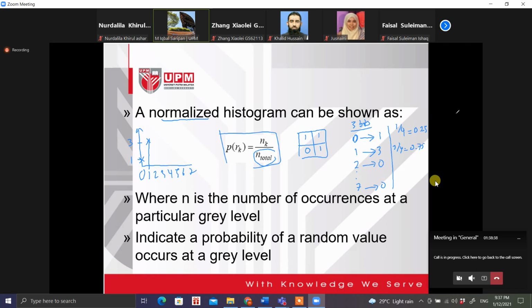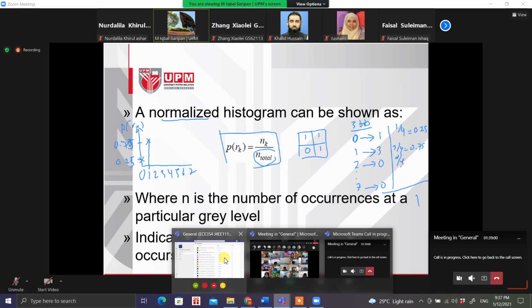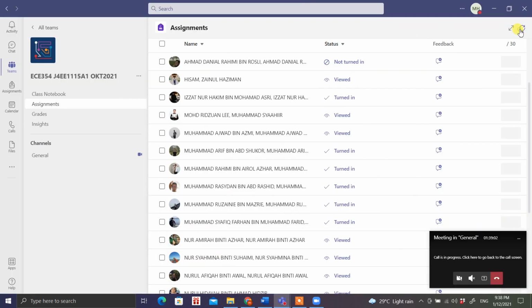So you can plot a normalized histogram, but now your plotting labels become 0.25 and 0.75. And as I mentioned, if you add these probabilities together, you get 1. Of course, the others become 0 over 4, all 0.